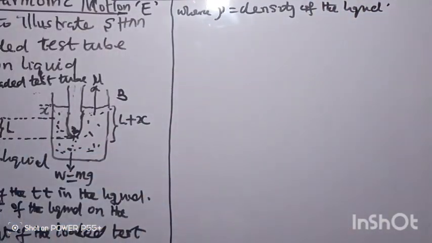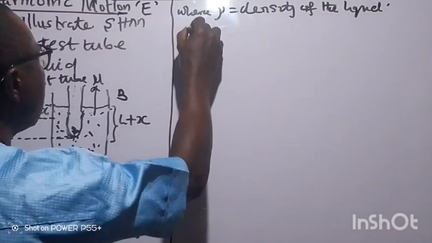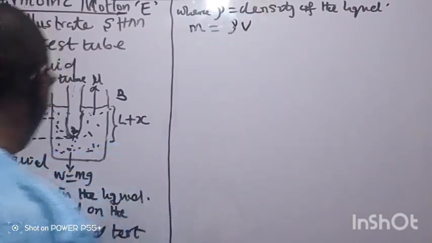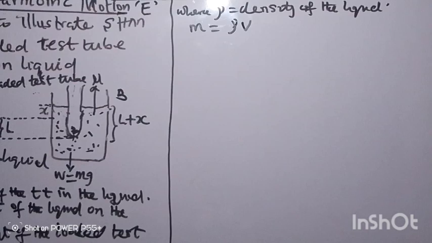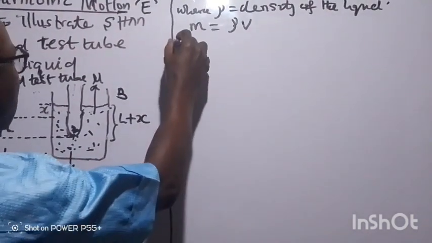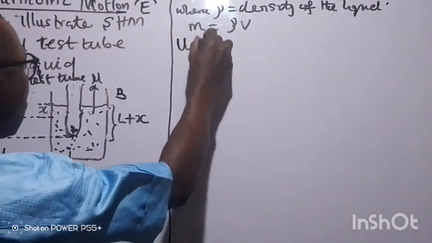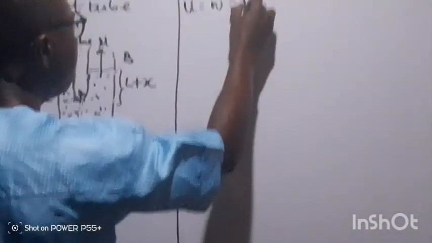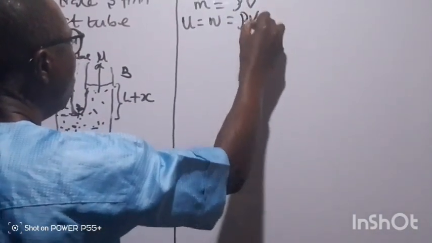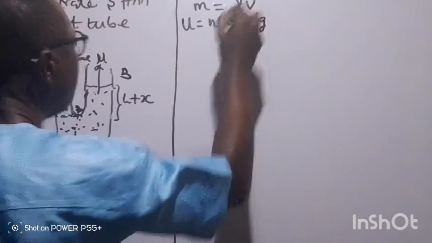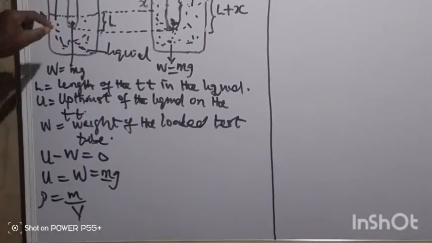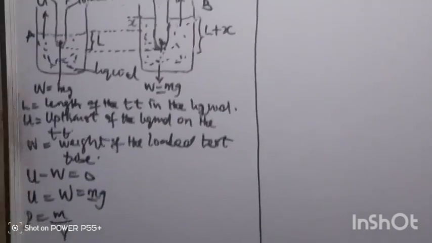If that is the case, then mass will be equal to density multiplied by volume. Come back here, it means our upthrust, which we said is equal to weight, will be equal to density multiplied by volume, then multiplied by acceleration due to gravity. That is when the test tube is gently placed on the liquid.